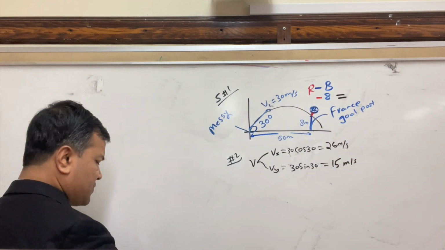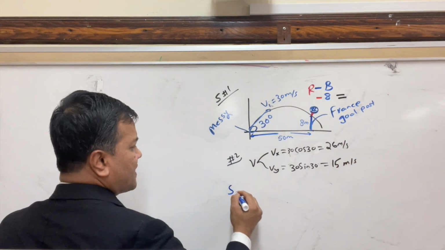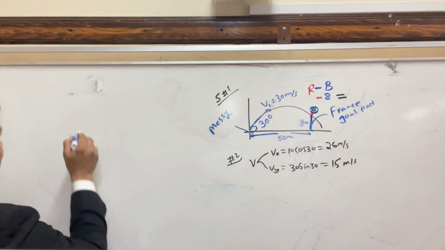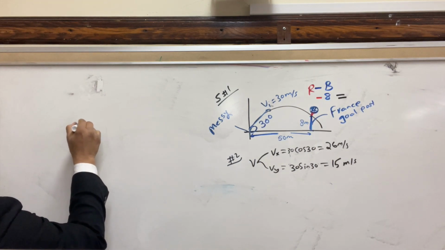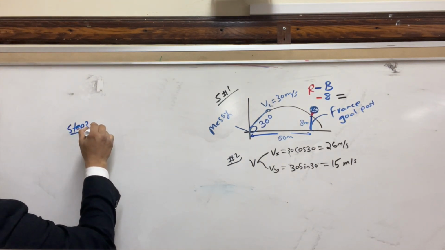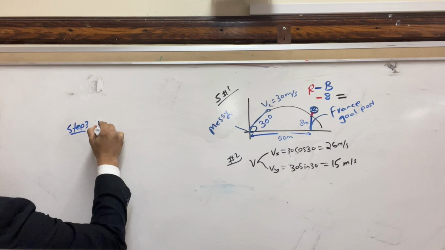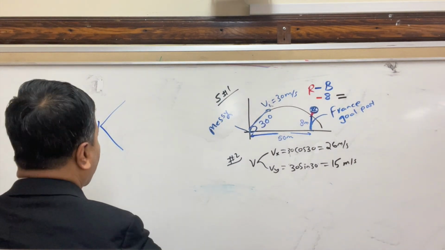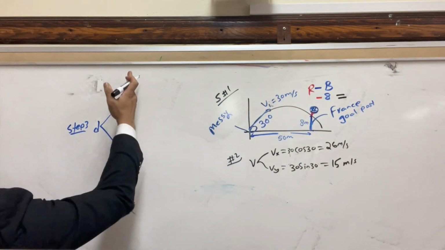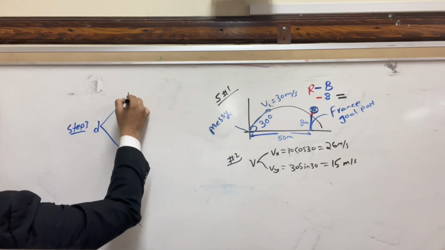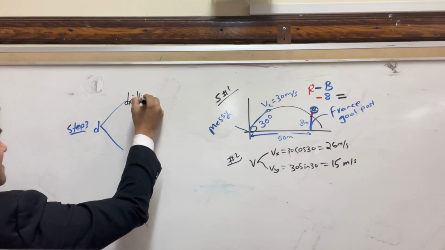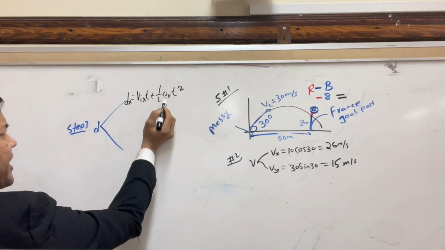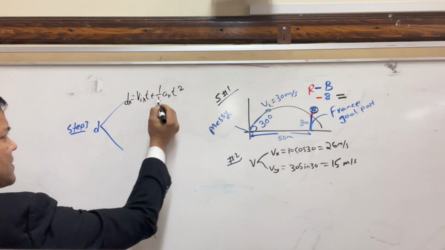This is step 2. Now I'm going to do step 3, of course on this side. This type of problem I gave you many problems like this today. So D has 2 types of components. One is dx, which is Vix t plus half ax t squared, and you know ax, acceleration due to gravity in the horizontal direction, is 0.